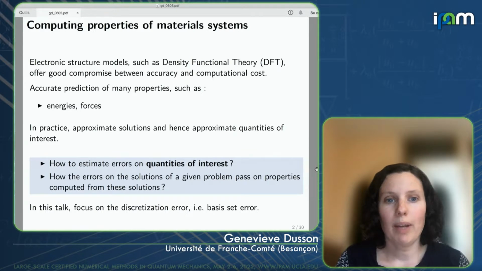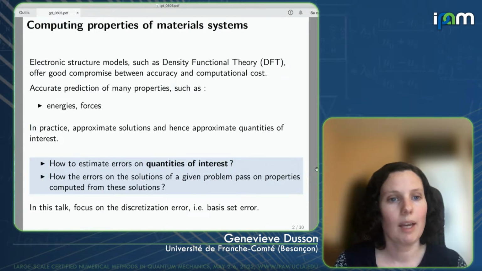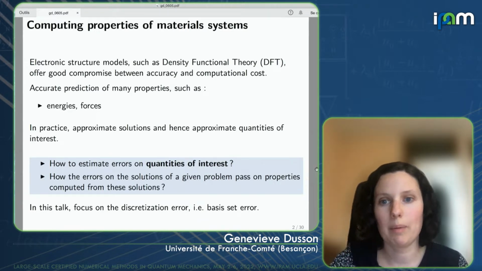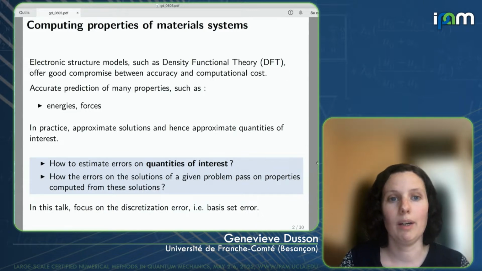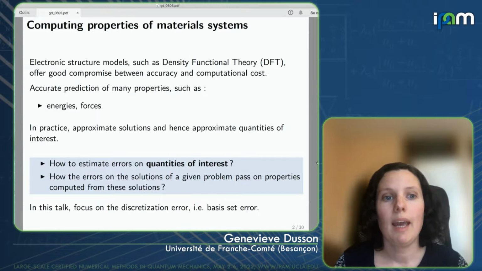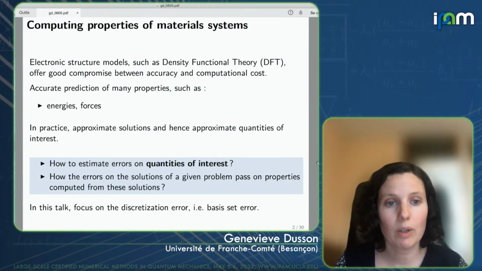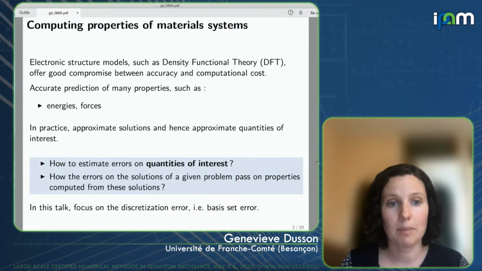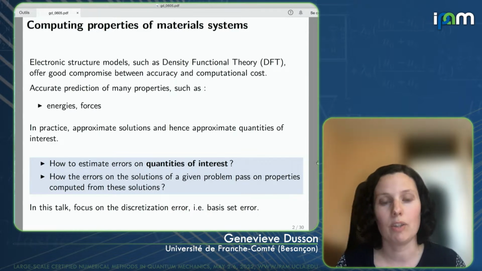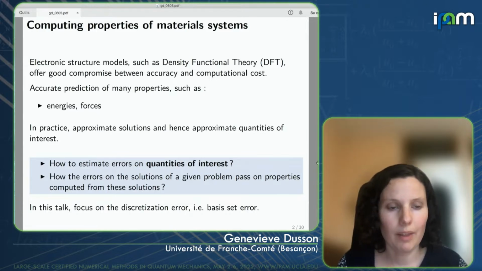In practice, we only compute approximate solutions to the problem we want to solve, and so we also compute only approximate quantities of interest. The question I would like to look at in my talk is how we can estimate errors on such quantities of interest.